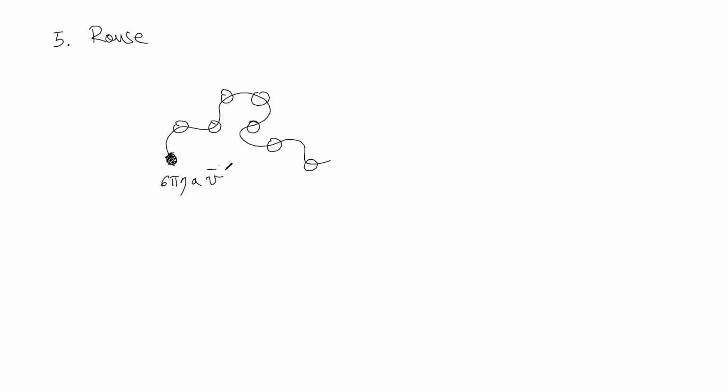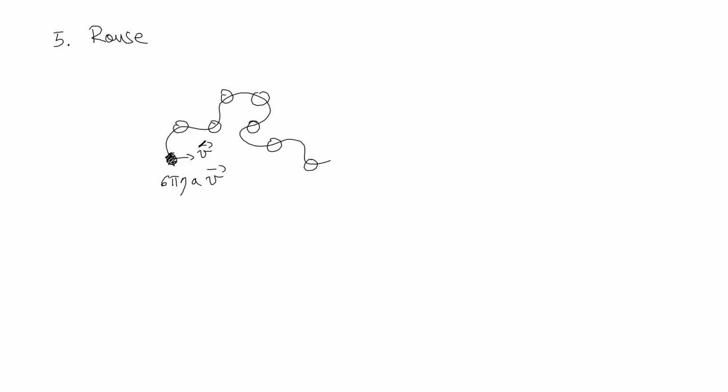Okay, but there was another approach that is attributed to Rouse that is very different, that says that, well, in fact, a polymer chain is an assembly of spheres. And each of those is subject to a certain hydrodynamic force, if I just write the velocity of one object here.